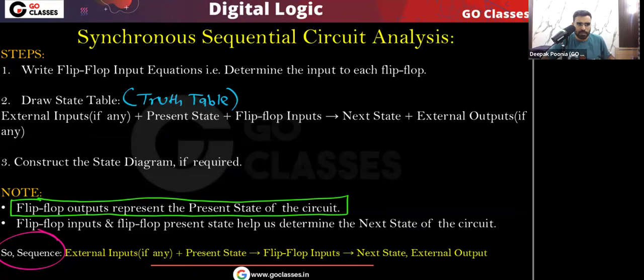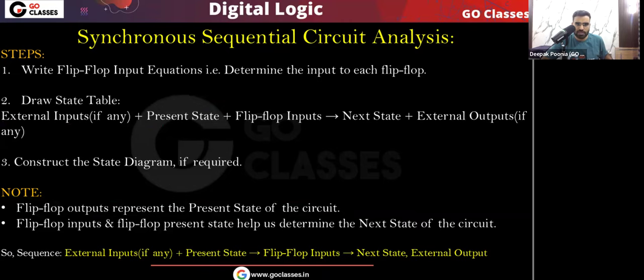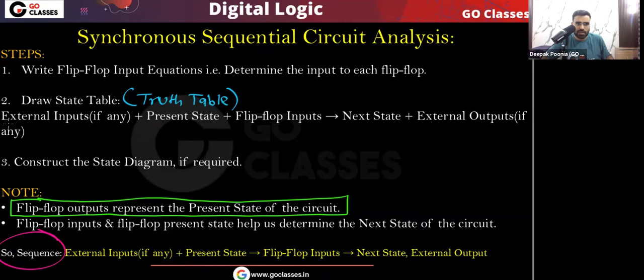Now let's see the computation sequence. This is very important, so let's focus on it. In the computation sequence, first, with the help of external inputs and present state, we will calculate the flip-flop inputs.